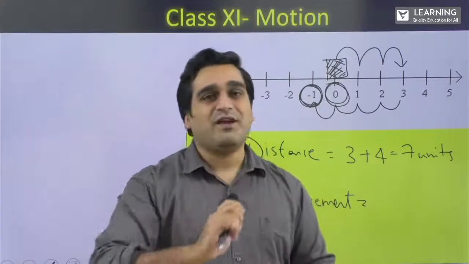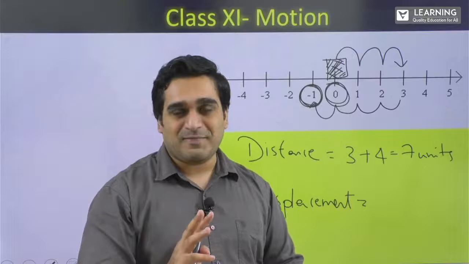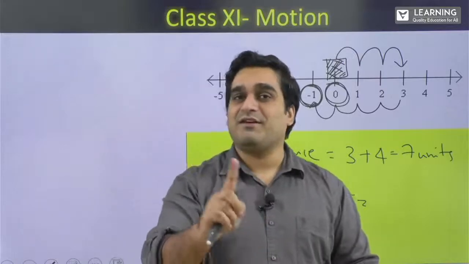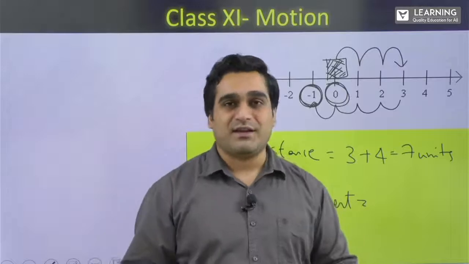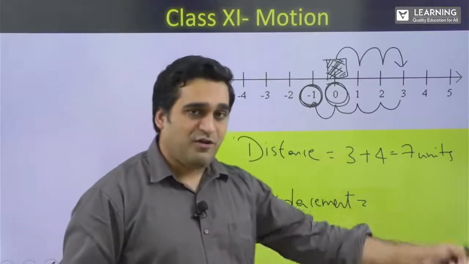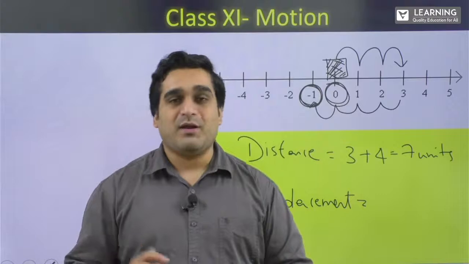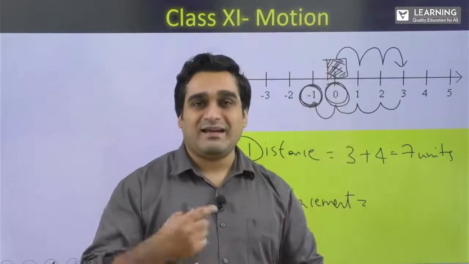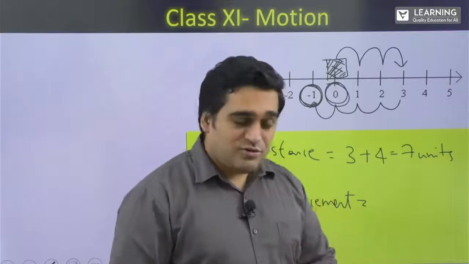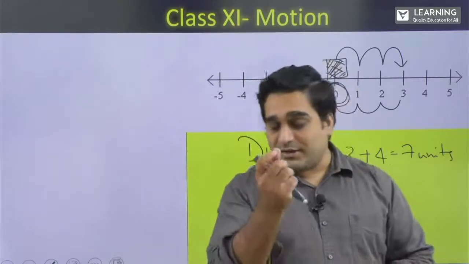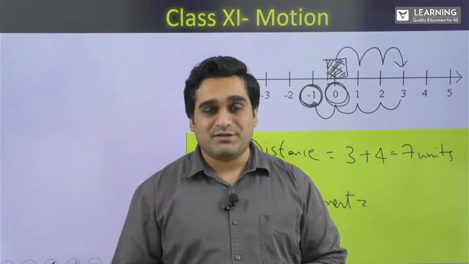So that is one way of representing a direction. A direction can be given in the form of a sign, positive and negative. Remember, positive forward, negative backward, positive upward, negative downward. Or the other way that you can also describe the direction is by compass.